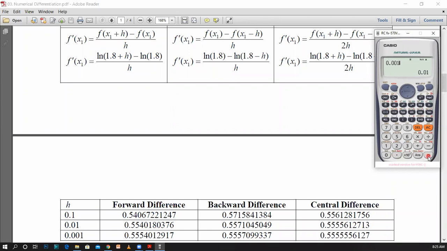Now I am setting the value of a equal to 0.001. Then I can obtain the answer for the derivative for the function f at the point 1.8 using the forward differencing as 0.55540129117.